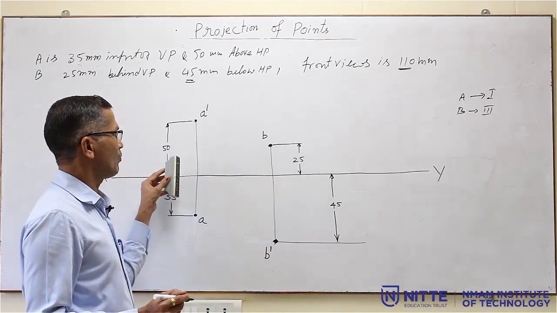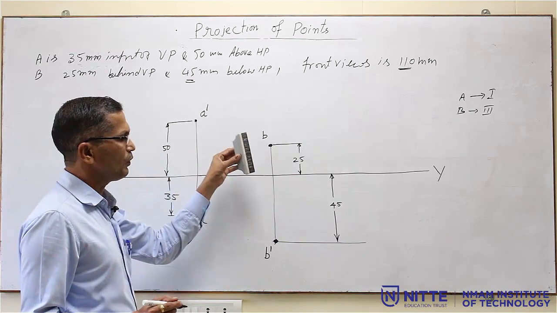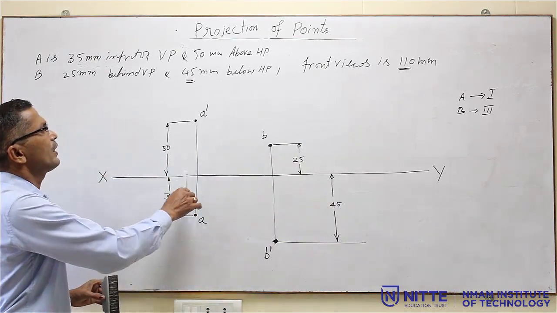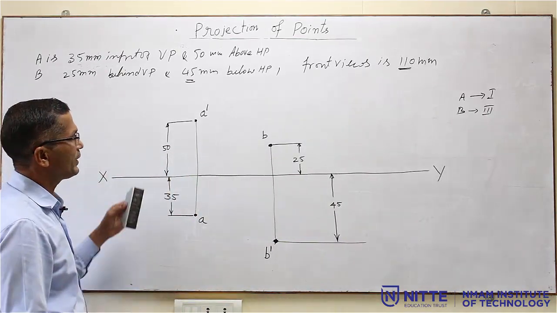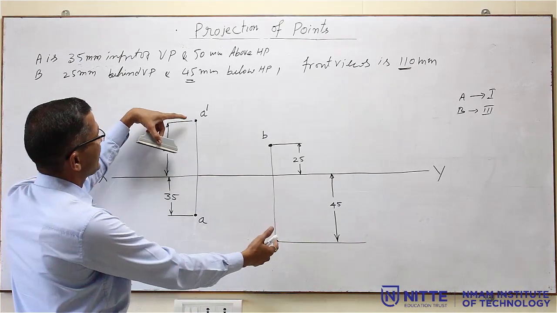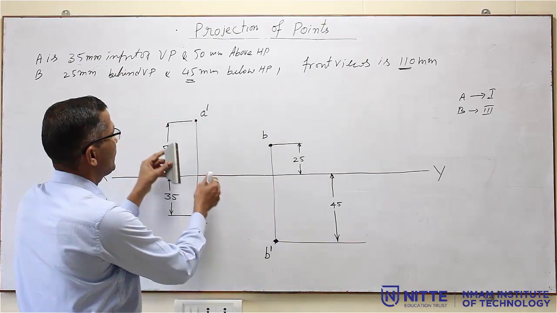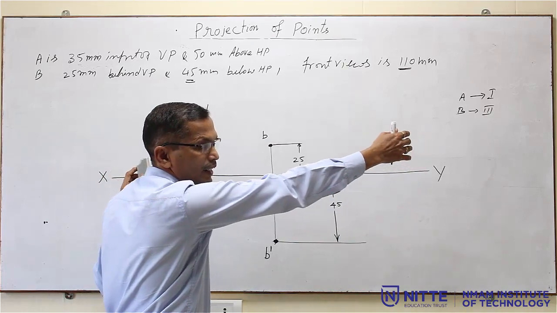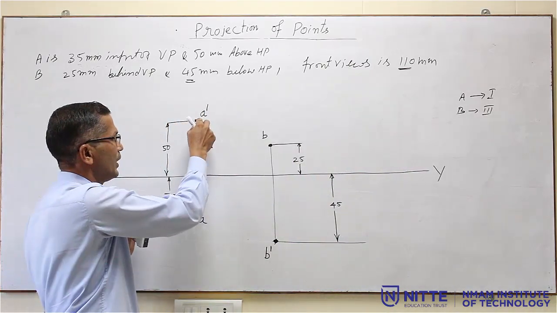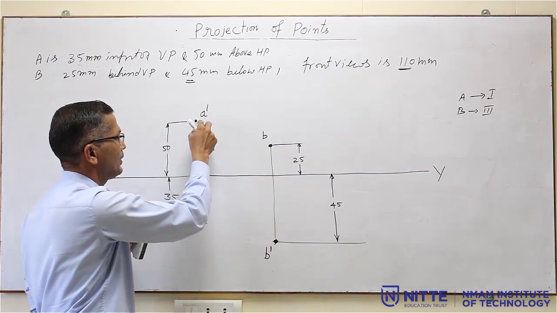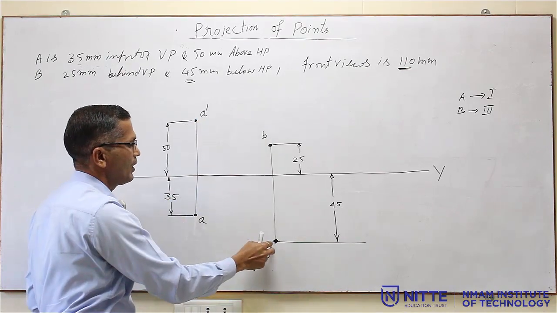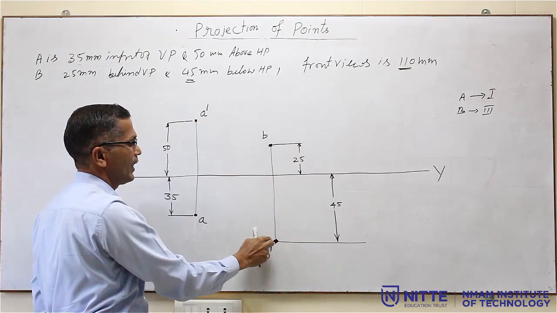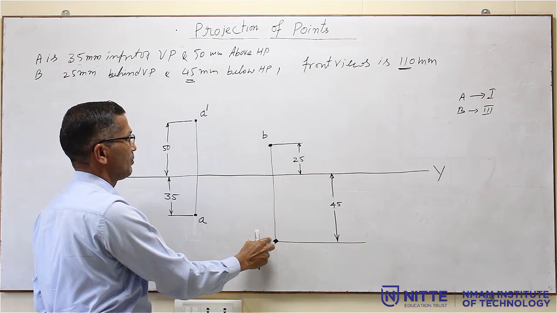So, A belongs to first quadrant, B belongs to third quadrant, and accordingly we have solved it. But what is the relation? The relation is this distance they have given. Otherwise, you can draw it anywhere at any distance. So, there will be some connection between the 2 points. The front views of the 2 points are at a distance of 110 millimeter.